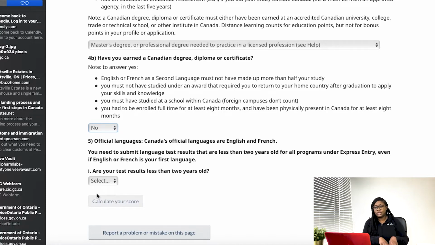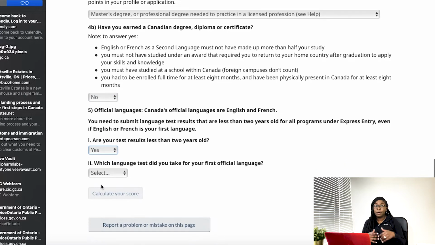Official language. This is where it comes in if you have English or French. I don't. That's why I'm giving you that look, because I don't have that. Well, let's just say this person is phenomenal and they are bilingual. So we're going to do both. You know what, I'm going to do one for my Caribbean people, because some of us only speak one language.